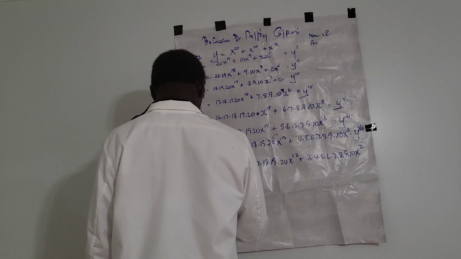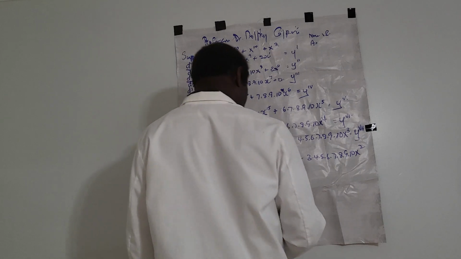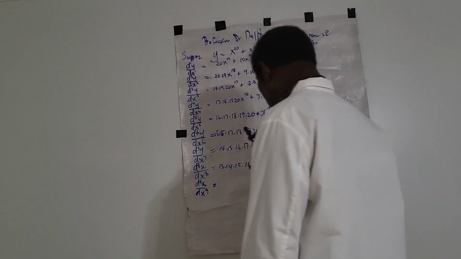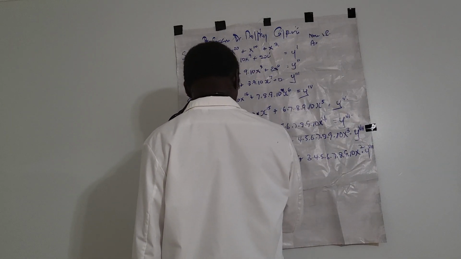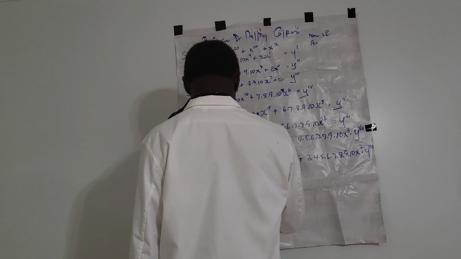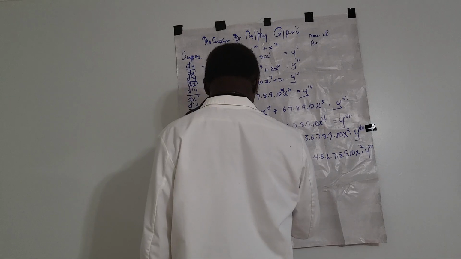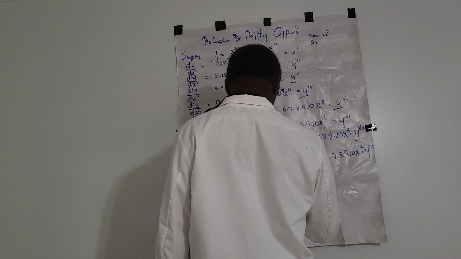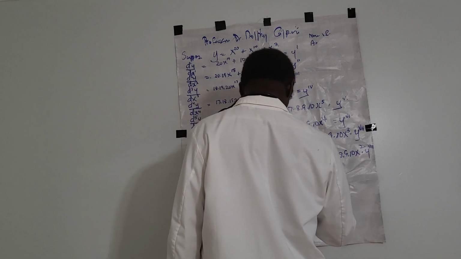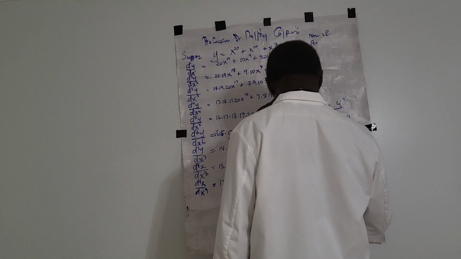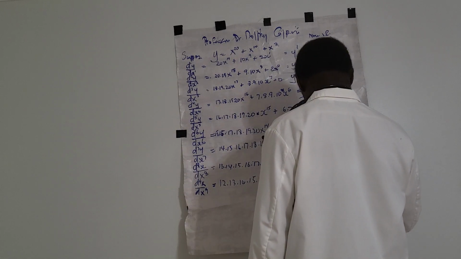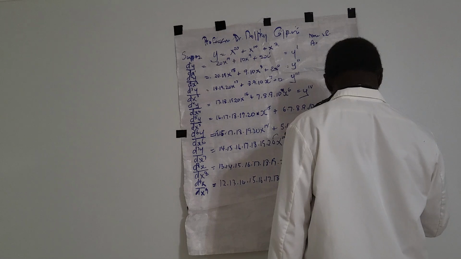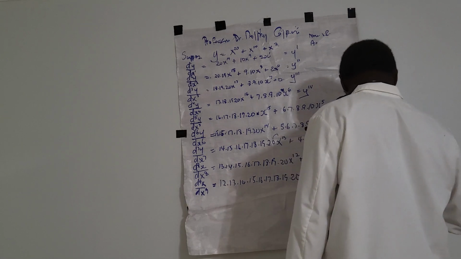And we have now d9y by dx to the 9 will be equal now 12 times 13 times 14 up to 20, x to the 11 plus now 2 times 3 times 4 times 5 times 6 times 7 times 8 times 9 times 10 x, which means x to the 1.